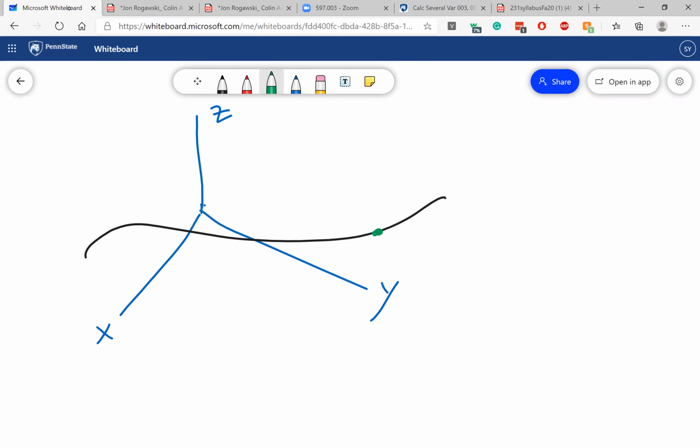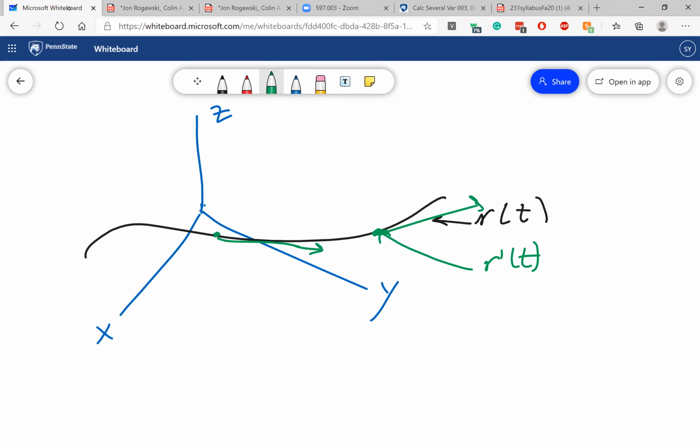Again, this curve is r of t, and at this point I'm looking for r prime of t. That would be the vector pointing tangent to this curve. So that's that vector right there. And at any point you can get the tangent vector doing that.